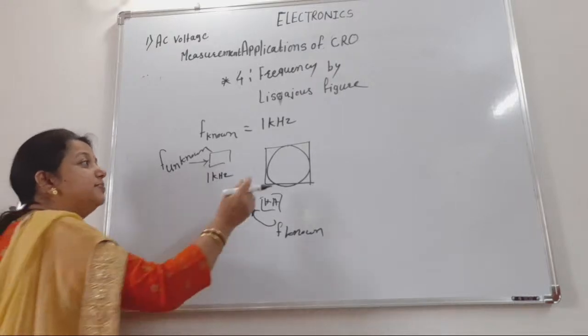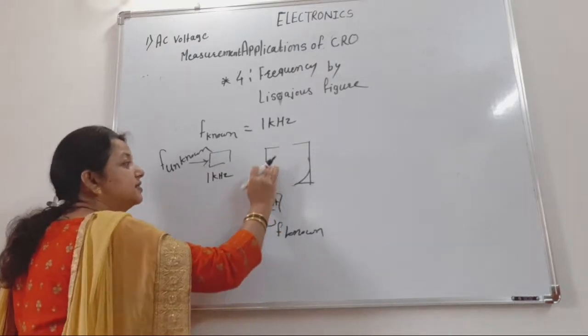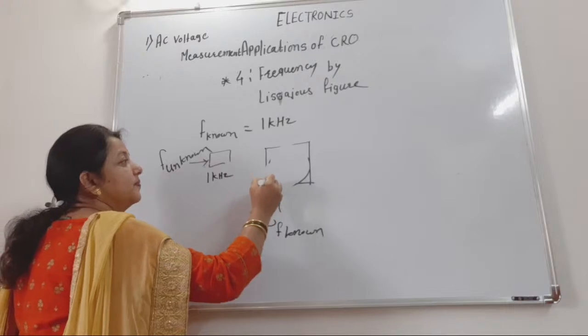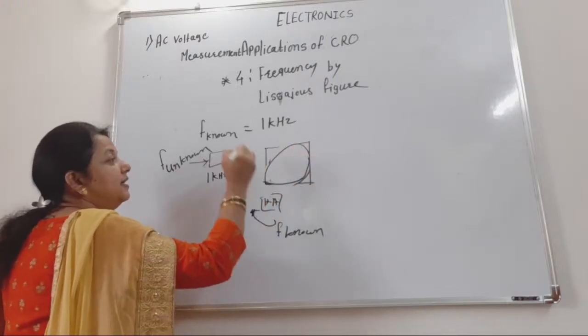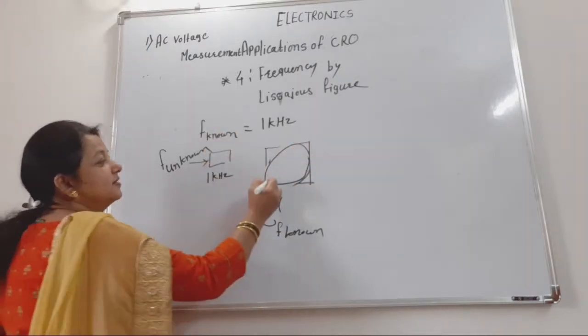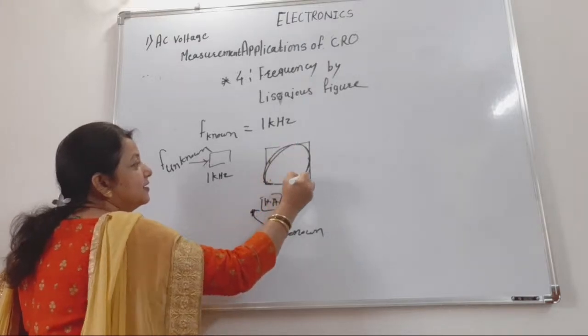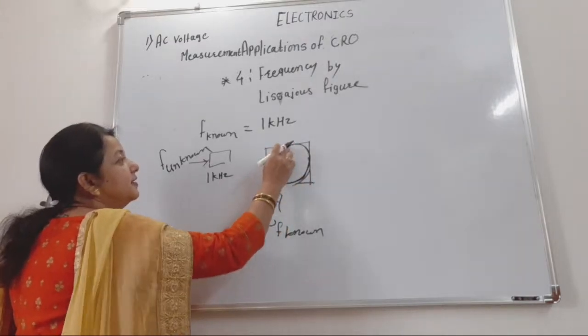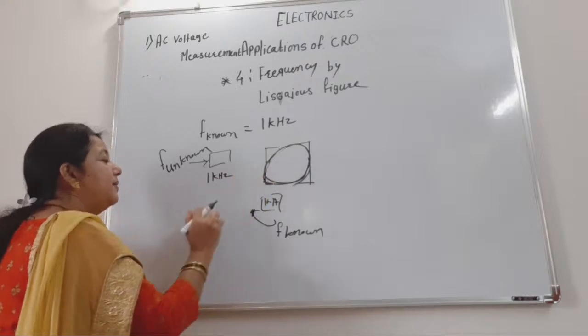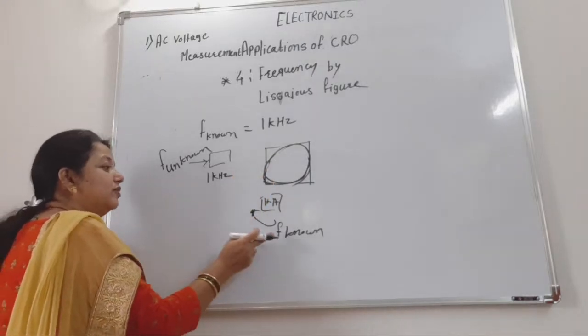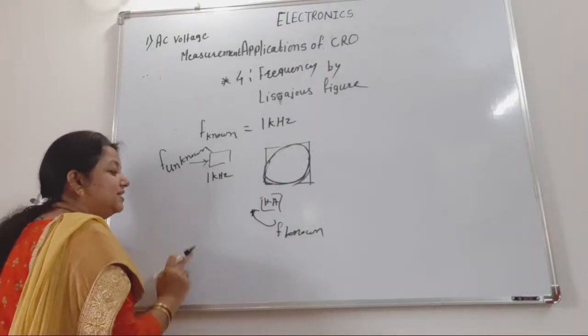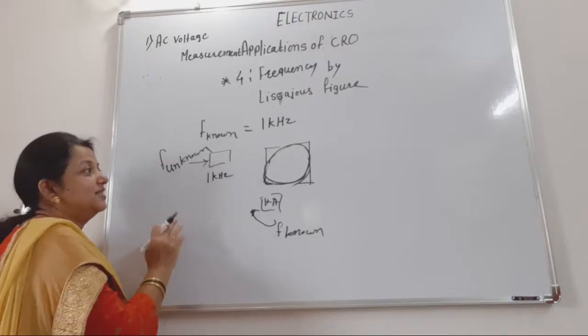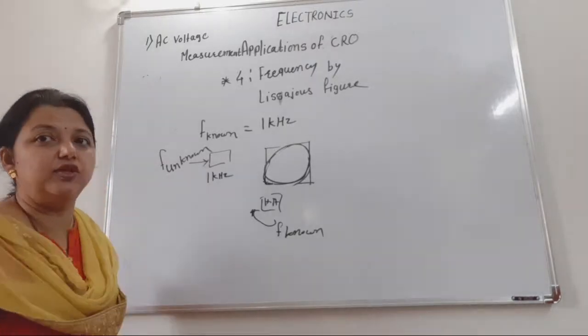Suppose we see an ellipse, you understand ellipse, like this. Then at that time also the frequency of both the signals is the same, only the difference is that there is a phase difference between both signals.